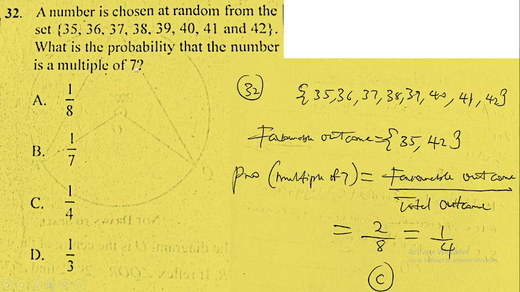So that means 7 can go into 35 as one of the favorable outcomes, and 7 can go into 42 as well. So these are the two favorable outcomes that we have. That means we have favorable outcome over total outcome, which is 2 over 8, and that gives us 1 over 4. And option C is the correct option here as far as 32 is concerned.